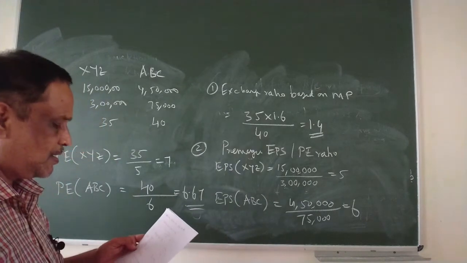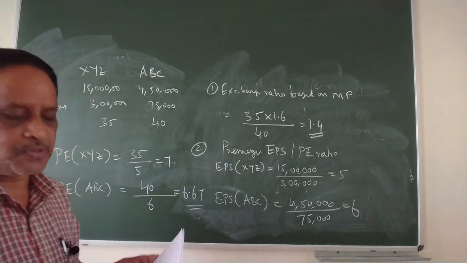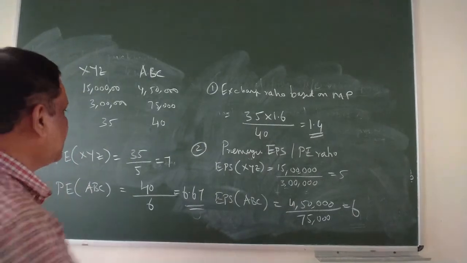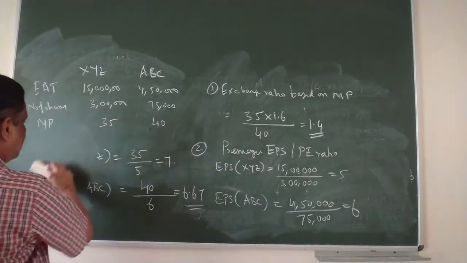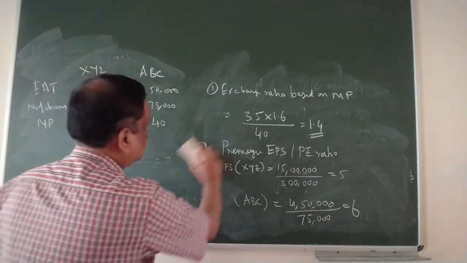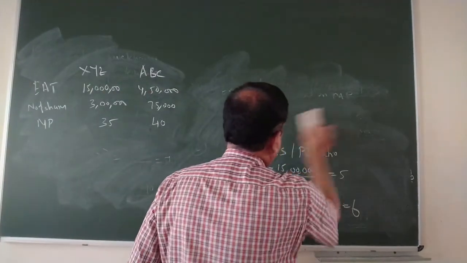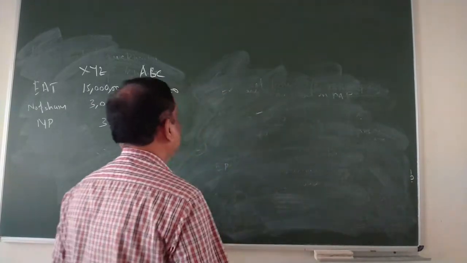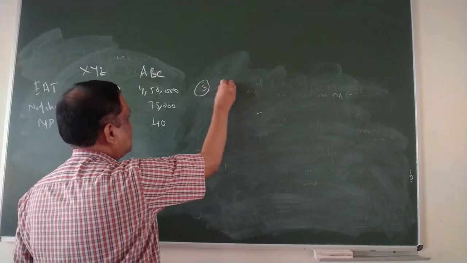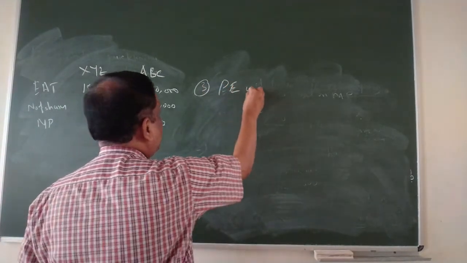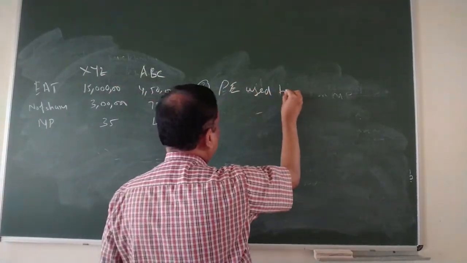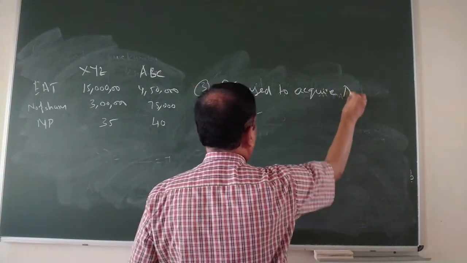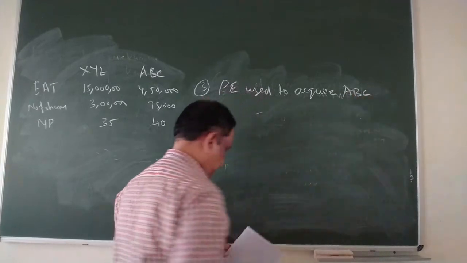And the third one is, what is the PE used to acquire ABC? Third question is, PE used to acquire ABC.